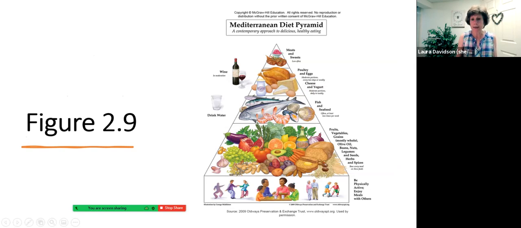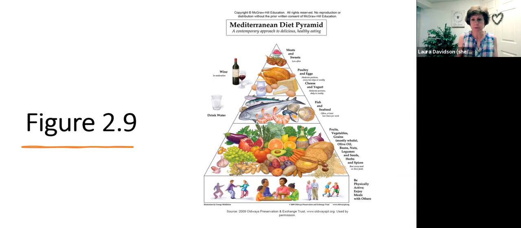Certainly the Mediterranean diet has received a lot of attention in research as well, and it's showing to be very healthy in so many different ways for mental health, for physical health, to lower the risk of cardiovascular disease, to lower the risk of dementia with aging, to lower the risk of depression earlier in adulthood.